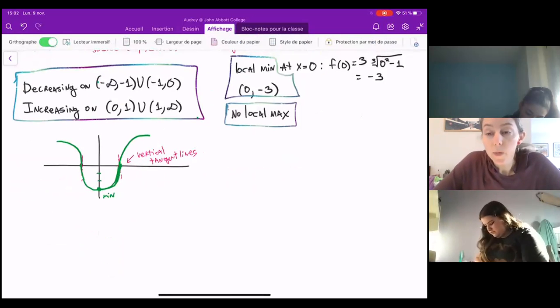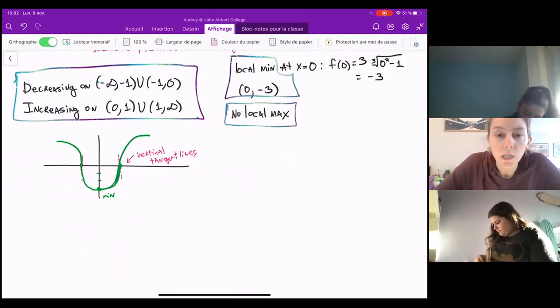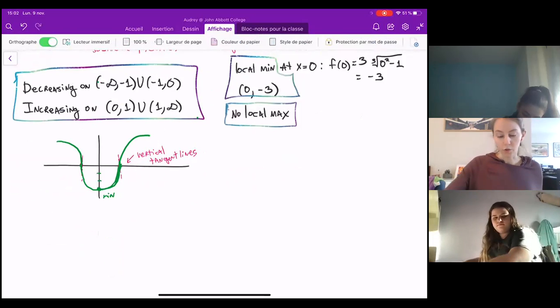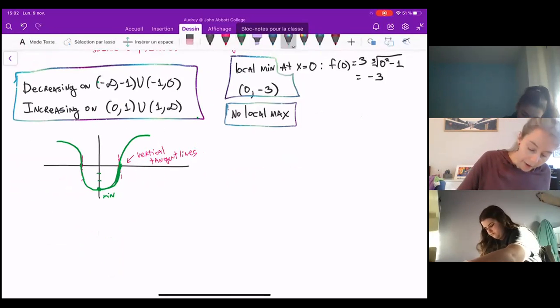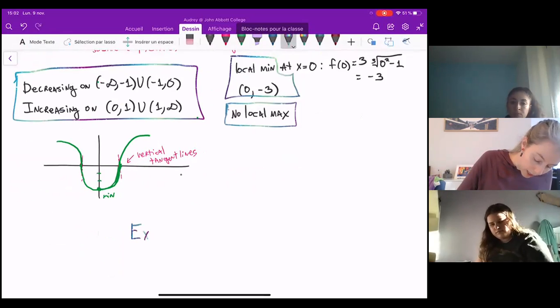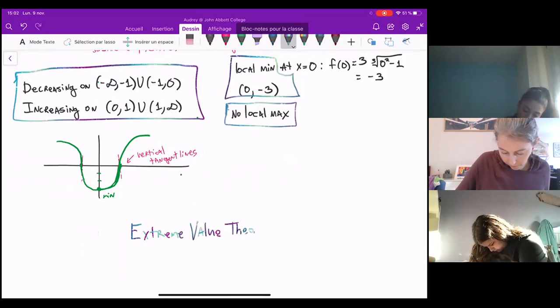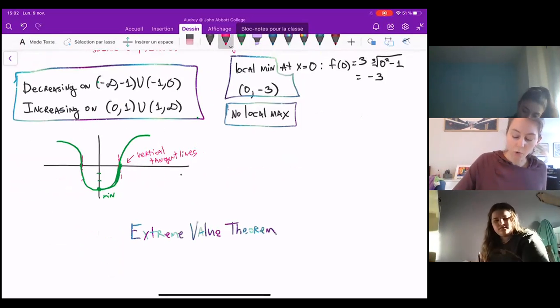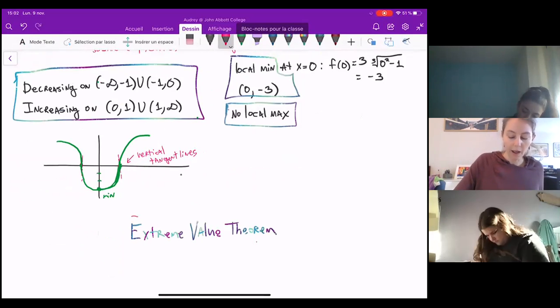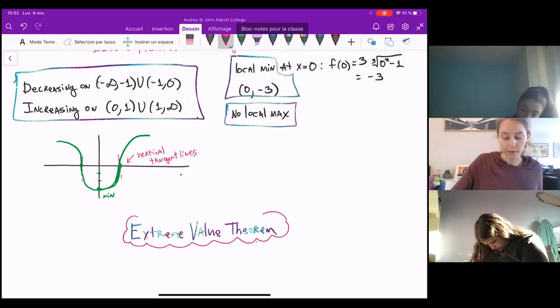So what we were just doing here is finding increasing, decreasing, and using that to find local extrema. Well, we have another theorem called the extreme value theorem that gives us more information about how to find global extrema.